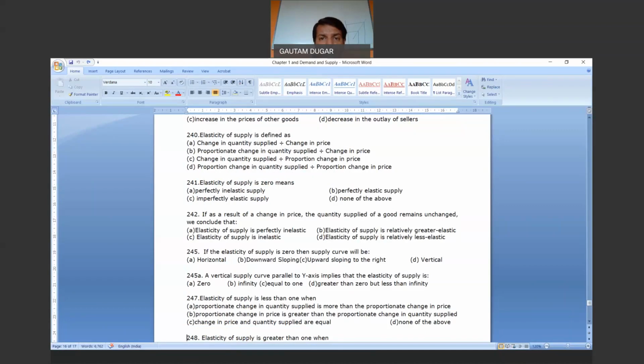Positive value. Why positive? Because the relation between price and the quantity.